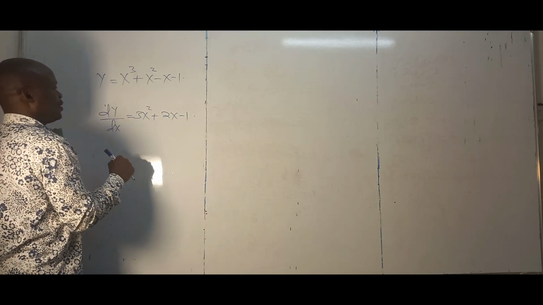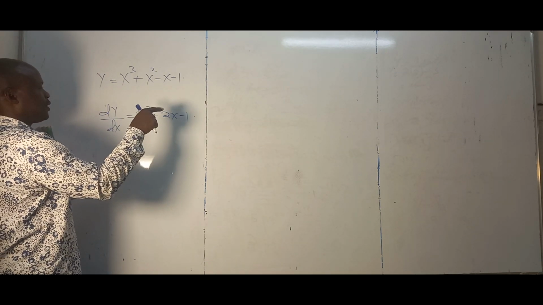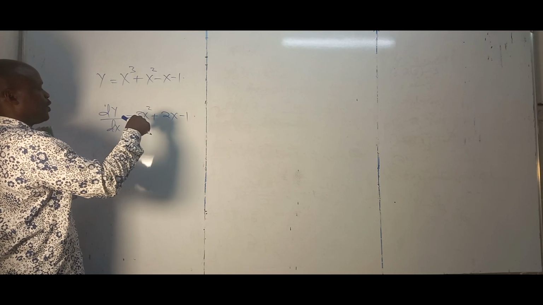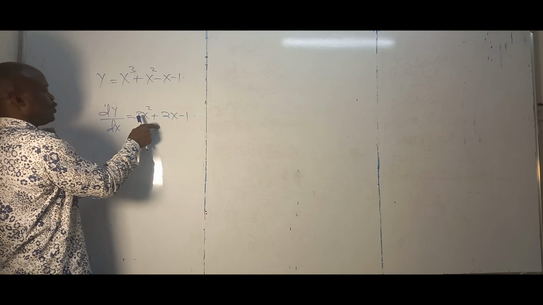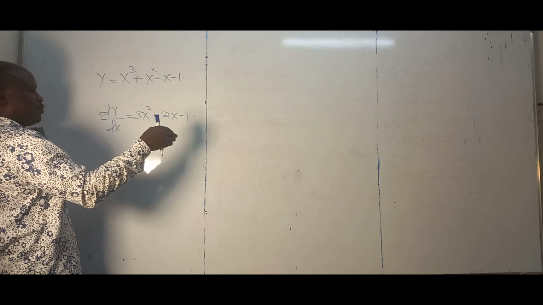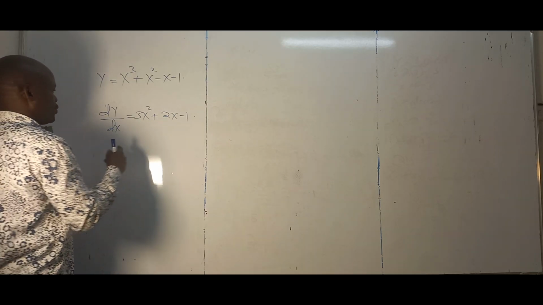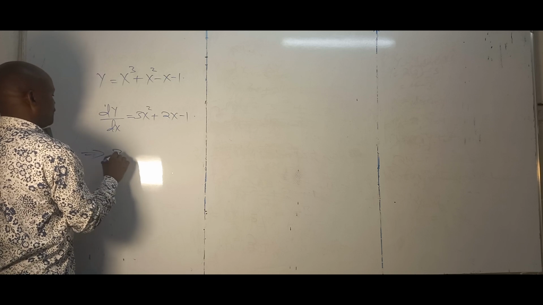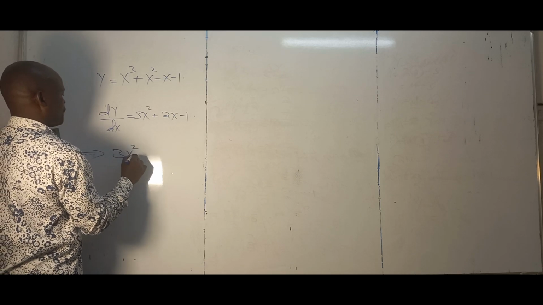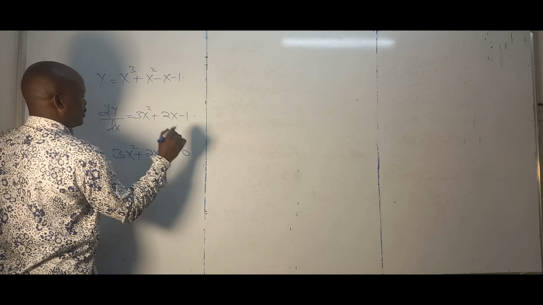Because this is a curve, for me to find the value of x at that turning point, I'll need to equate this to 0. That will give me the value of x at that turning point. So 3x squared plus 2x minus 1 is equal to 0.